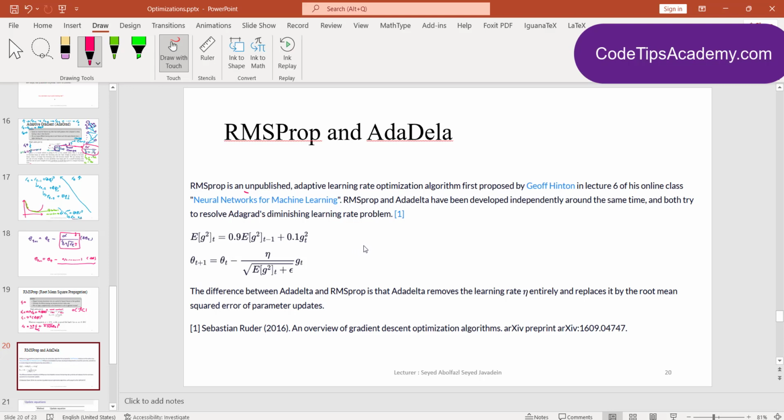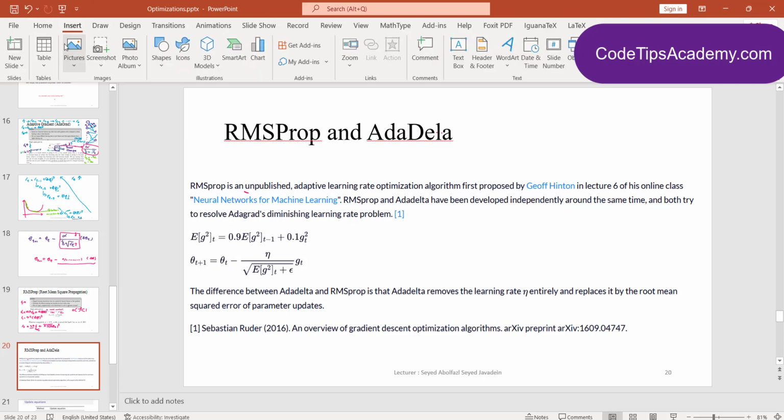At the time that Geoffrey Hinton was thinking about the idea of RMSProp, another scientist developed a very similar idea with the name of AdaDelta.